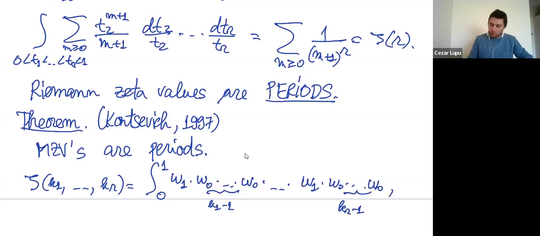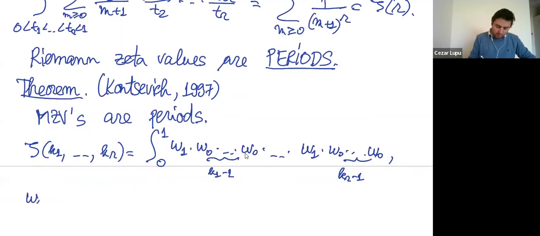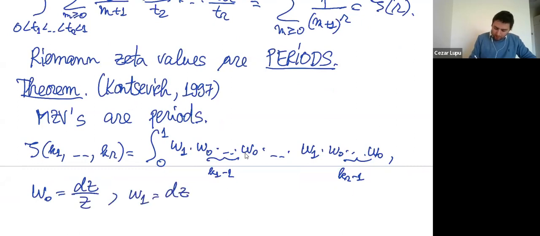So you're wondering who are these two? Omega 0 is dz over z, so they are one-forms. Omega 1 is dz over 1 minus z. So these are the one-forms.